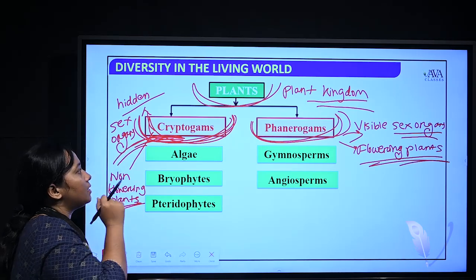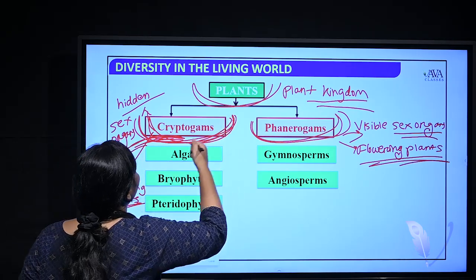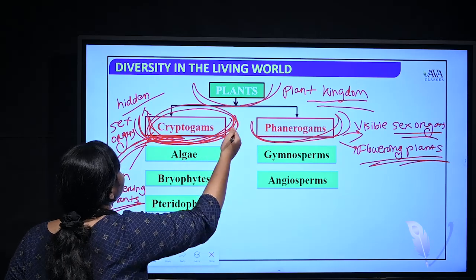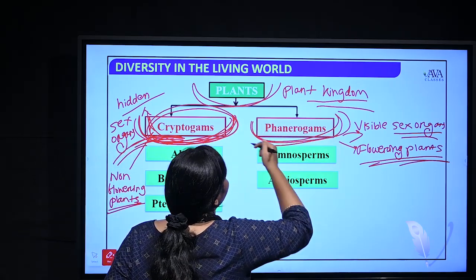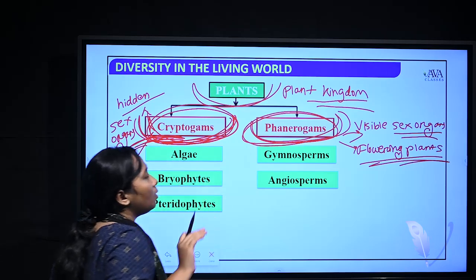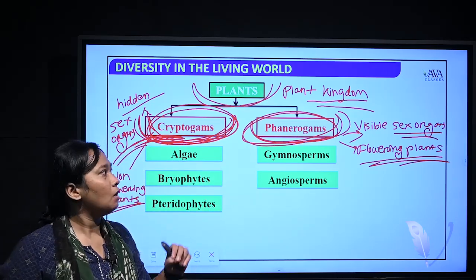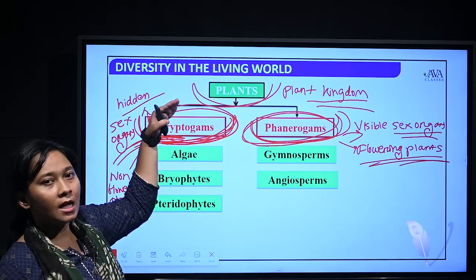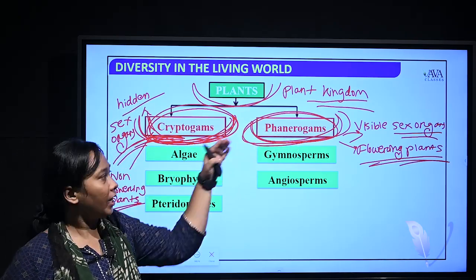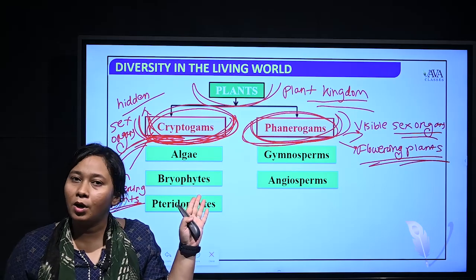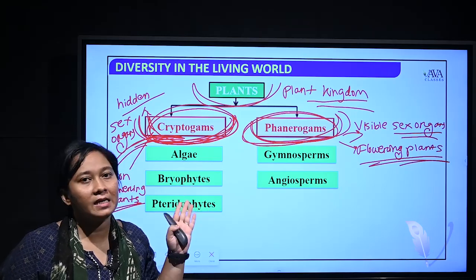What are those? That is your cryptogams and another is your phanerogams. The whole plant kingdom is divided into two groups or two categories. One is your cryptogams, another is your phanerogams. Here in cryptogams, the word crypto means hidden.